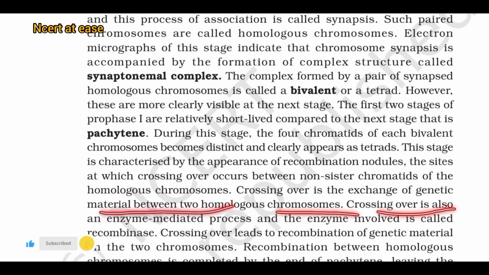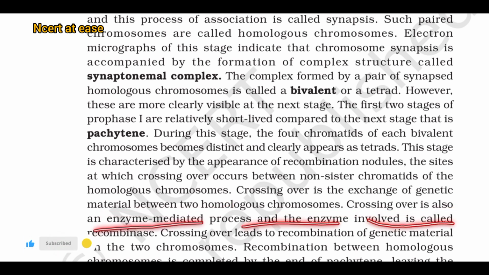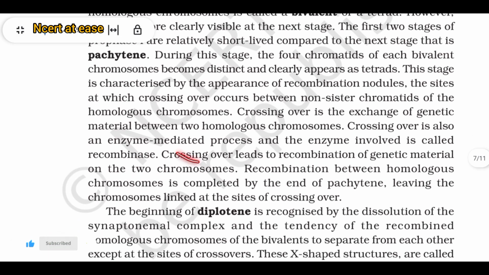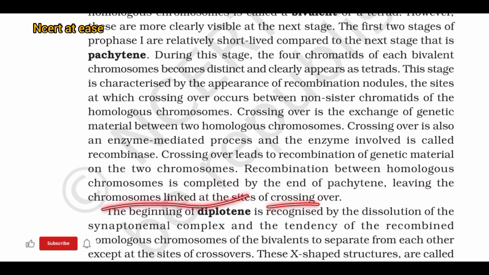Crossing over is also an enzyme-mediated process, and the enzyme involved is called recombinase. Crossing over leads to the recombination of genetic material on the two chromosomes.